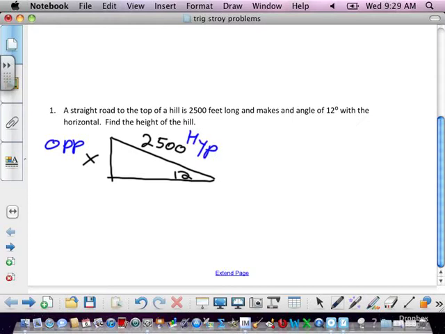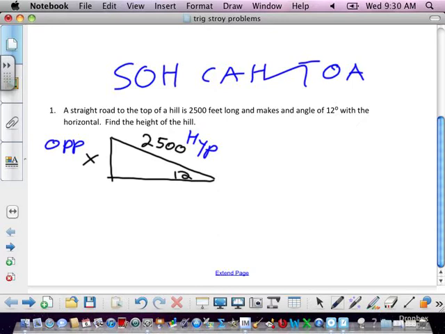Okay. So remember, we've got our SOHCAHTOA. Which one deals with opposite and hypotenuse? Sine. So sine of 12 equals the opposite over the hypotenuse.